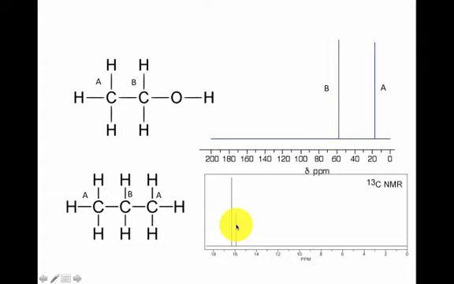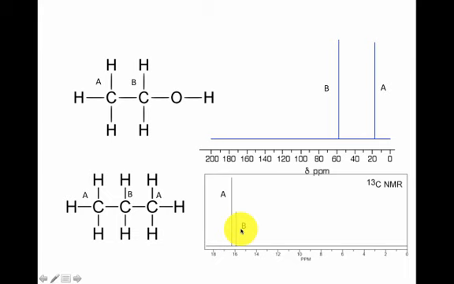Now I wouldn't feel comfortable trying to work out which one of these two was more downshifted than the other. They are very close together. However, there are two carbons in environment A, and this peak is twice as tall as this peak. So we can use that to work out that this carbon must be twice as abundant as this one, therefore this one must be carbon A, and this one must be carbon B.